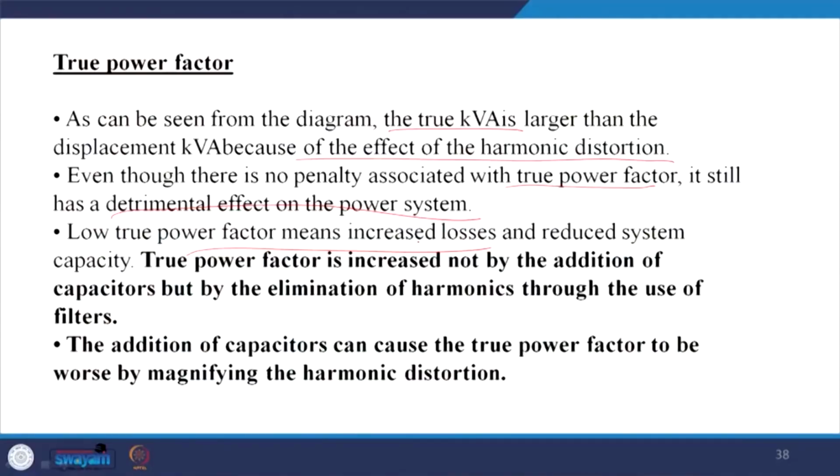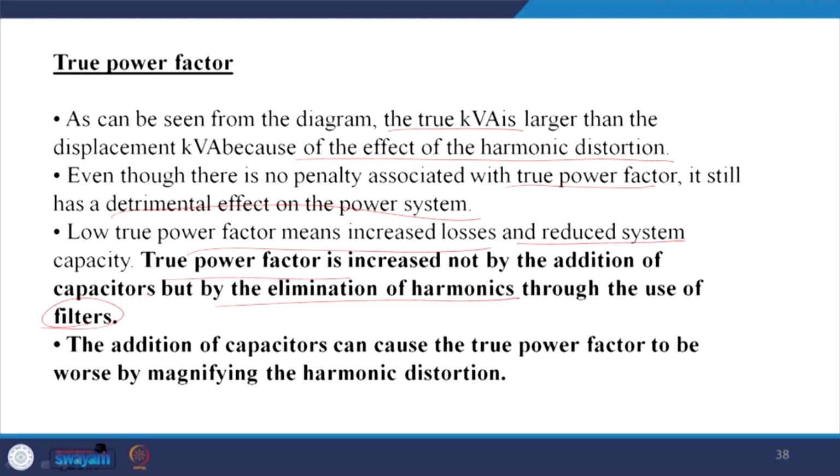The true power factor means increased losses and reduced system efficiency or system capacity. The true power factor is improved not only by the addition of capacitors, but by the elimination of harmonics using filters that can be active or passive.